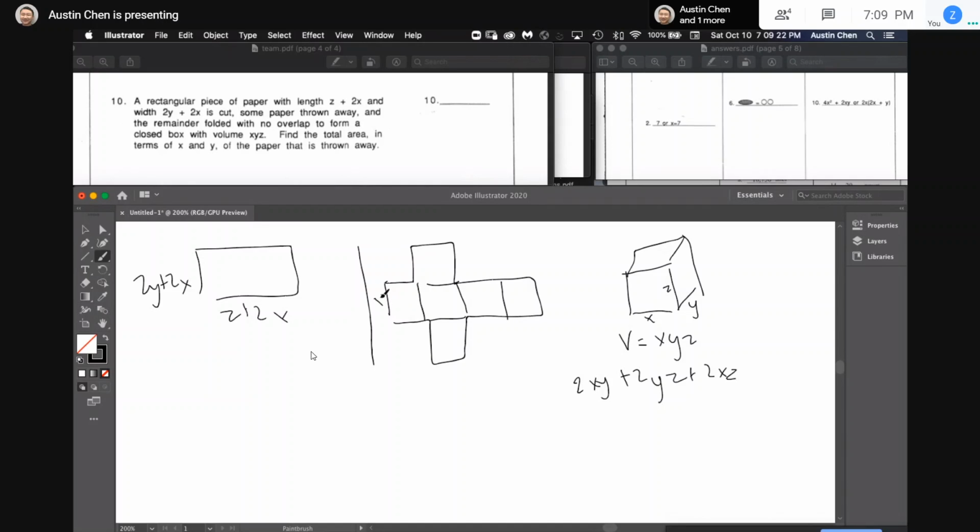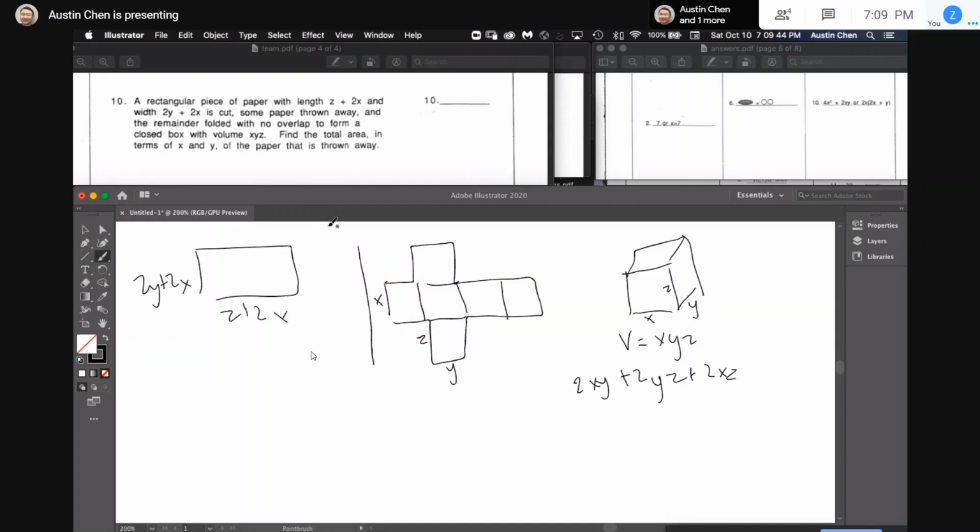That means this side length would be x, this side length would be y, and this side length would be z. Okay, this side length would be z. And we need to see if this can fit in our rectangle.